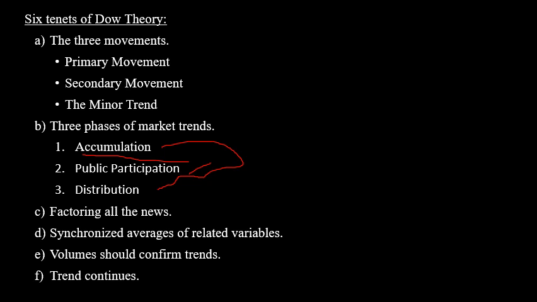Next, volume should confirm the trend. It means a bull market should witness higher buying of shares. Similarly, a bear market must witness large scale sales. Where the needed volumes are absent, it may not lead to a trend.